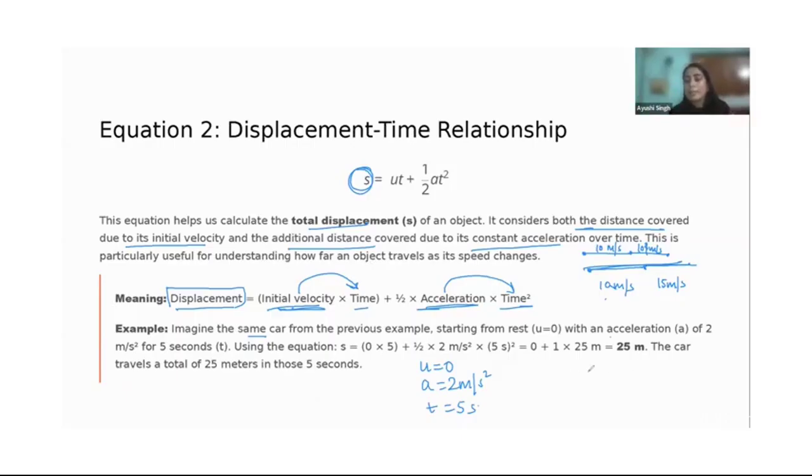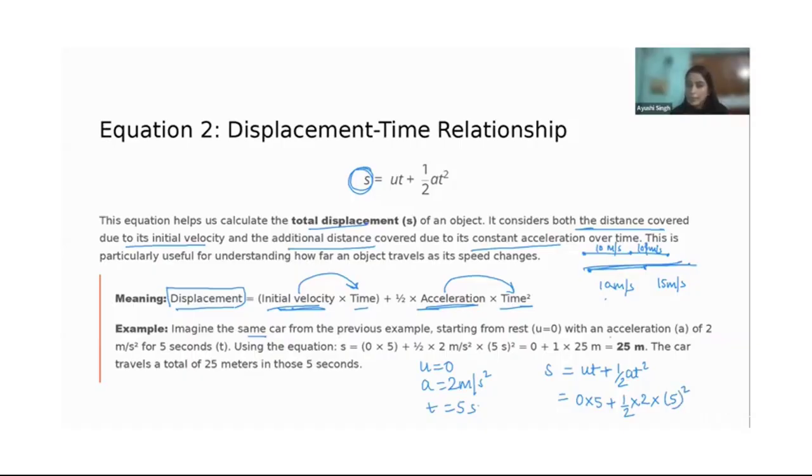So S equals UT plus half AT squared. That means U is 0. What is T? T is 5, plus half. How much acceleration is there? 2, right? How much time again? 5 squared.